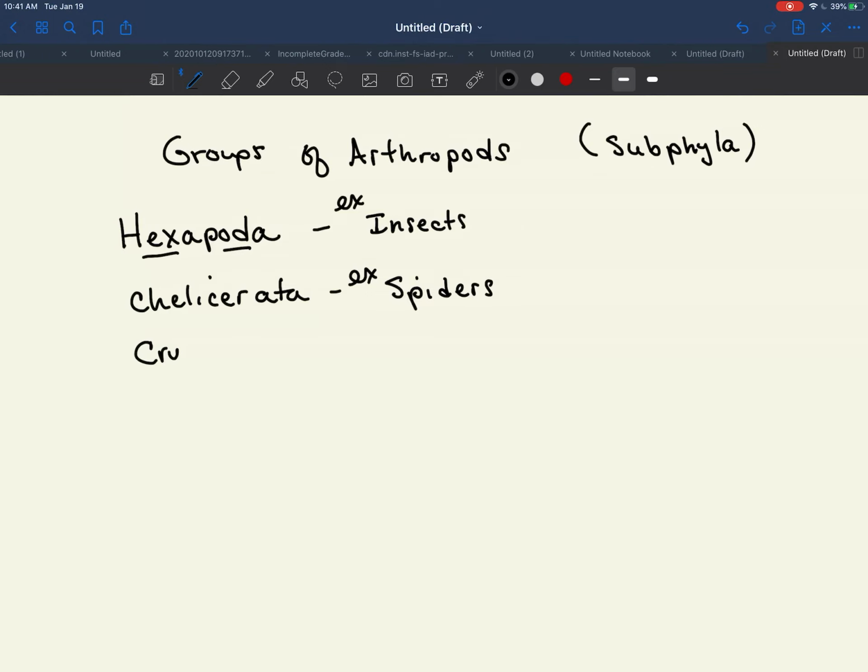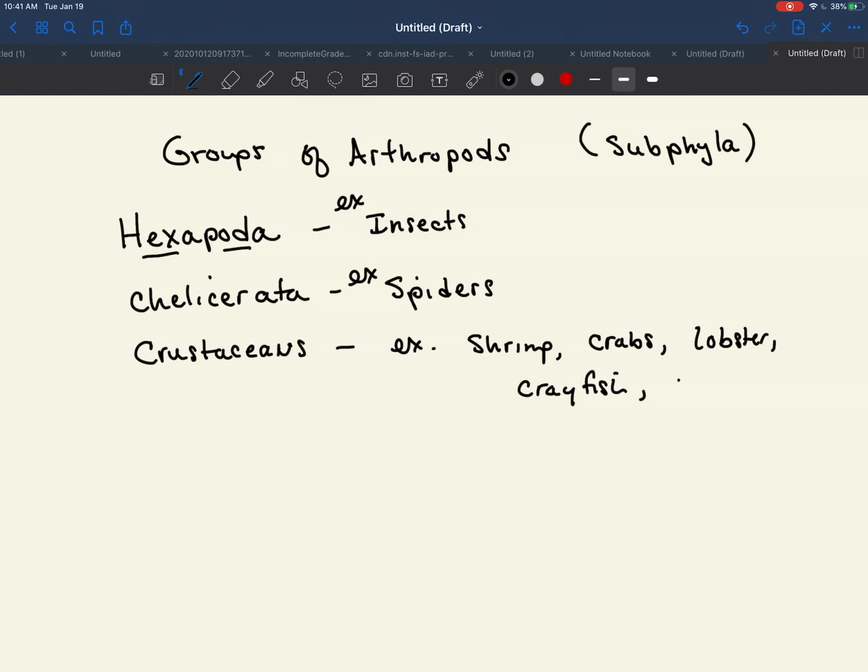We also talk about the crustaceans. There are lots of examples of this. This would be like shrimp, crab, lobster. Crayfish would be one that we have in our rivers. And then we also have zooplankton.